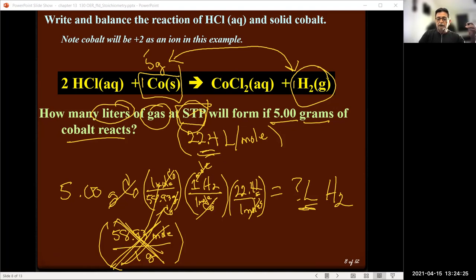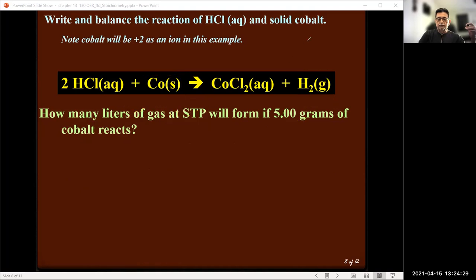All right, so let me clear up my mess here and bring down the good stuff. Okay, so we write down what we're given. Like I stated, we got 5.09 grams of cobalt. The first factor converts grams of cobalt to moles of cobalt.